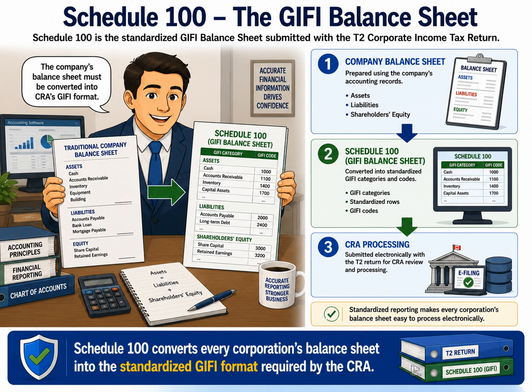It's important to understand that Schedule 100 does not replace the corporation's balance sheet. The corporation continues to prepare its financial statements using normal accounting principles. Schedule 100 simply converts that information into a common reporting format so that every corporation in Canada reports its financial position in a consistent way.